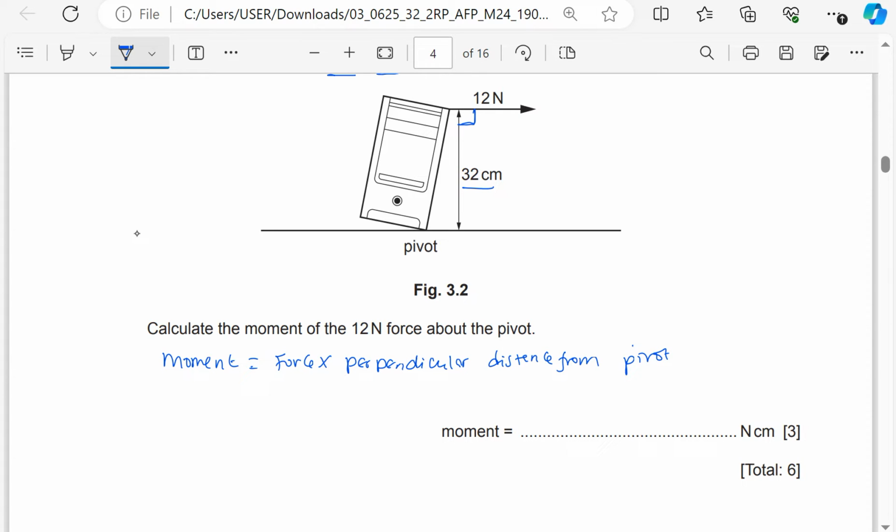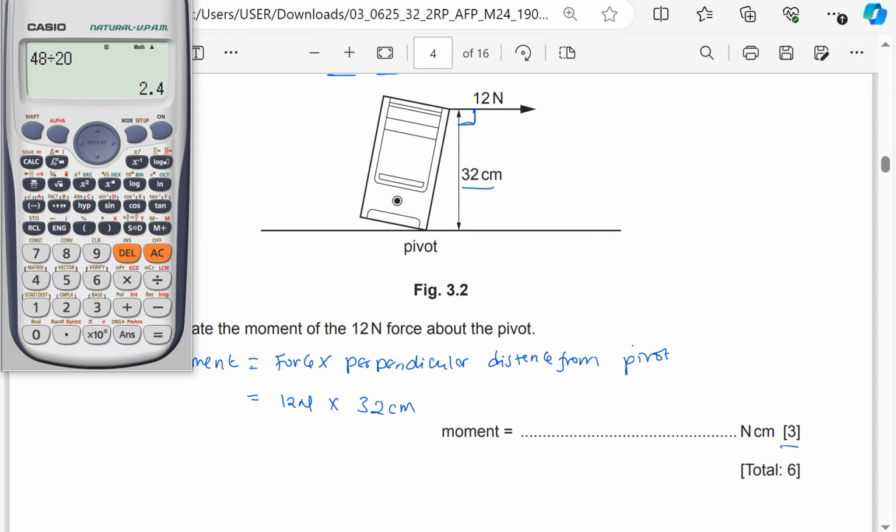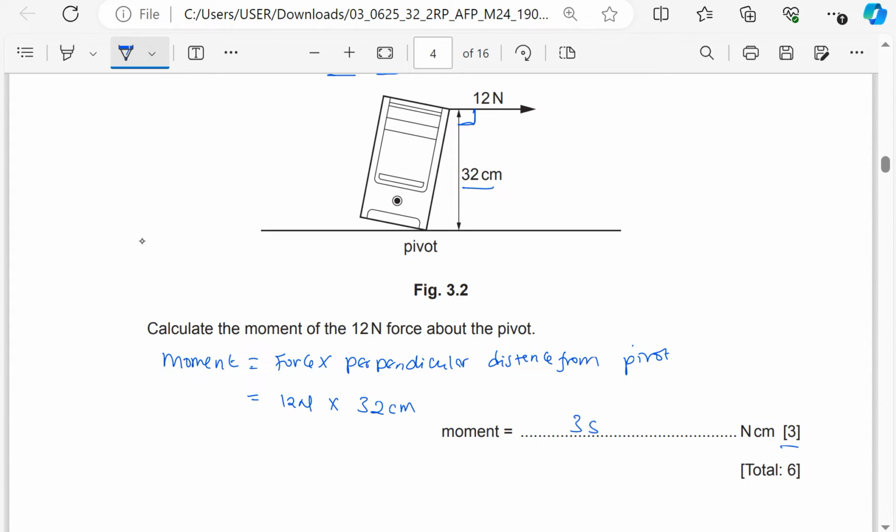Force times perpendicular distance from the pivot. These are 3 marks, so you have to write the formula. The force is 12 newtons times the perpendicular distance, which is 32 centimeters. So the moment is 12 times 32, giving me 384 newton centimeters.